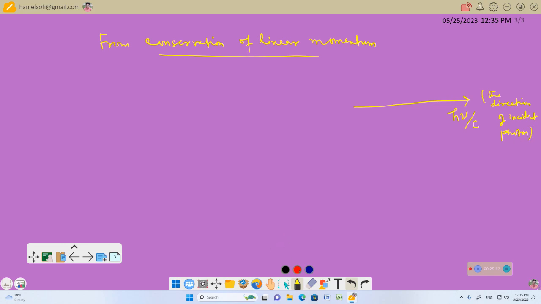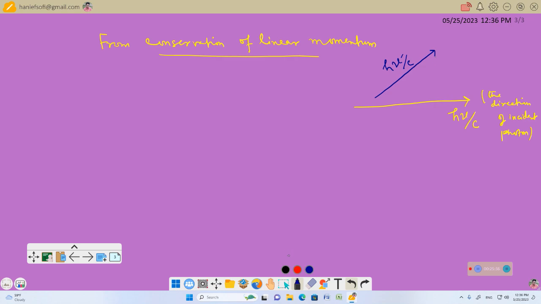Let me use another color now. The scattered photon's momentum is in this direction, which is h nu prime by c.